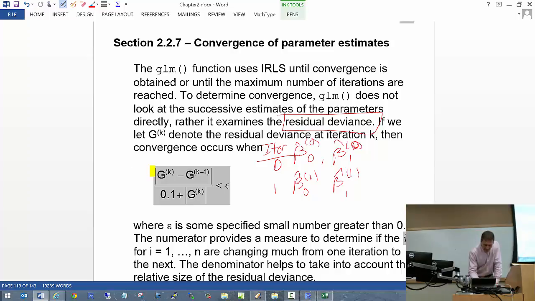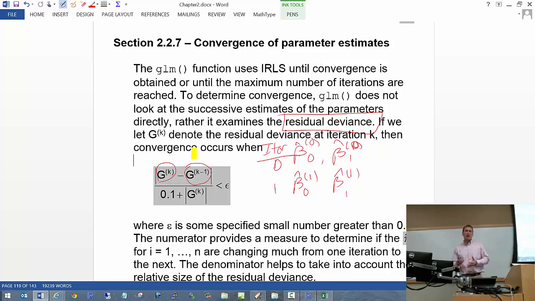At iteration k, the residual deviance is compared to what it was in the last iteration, and then the absolute value is found. Depending upon the context of your data, it's hard to determine whether this is a large or small difference.